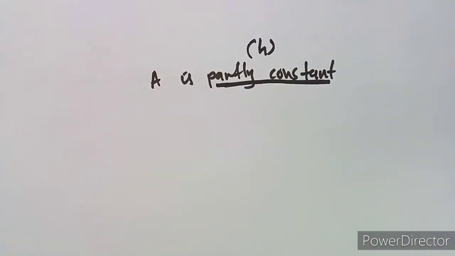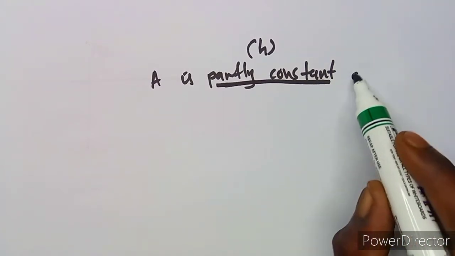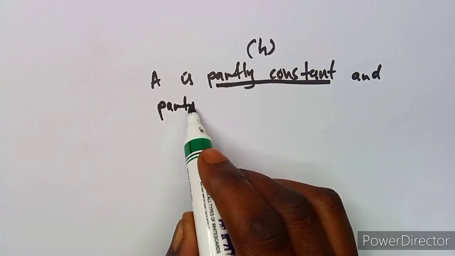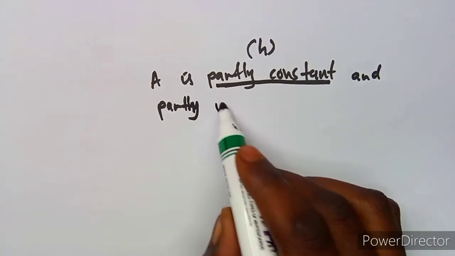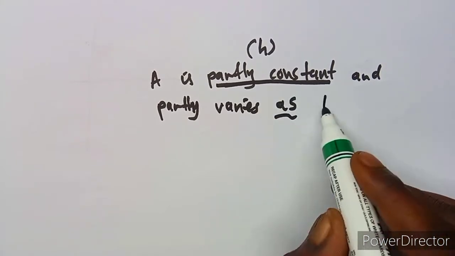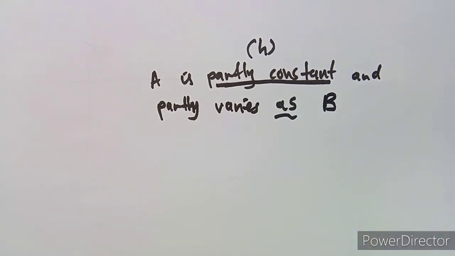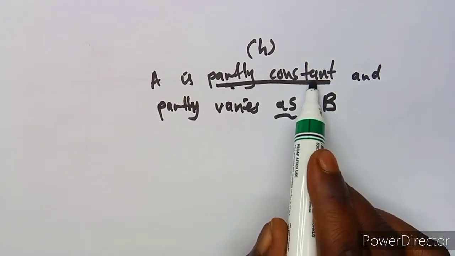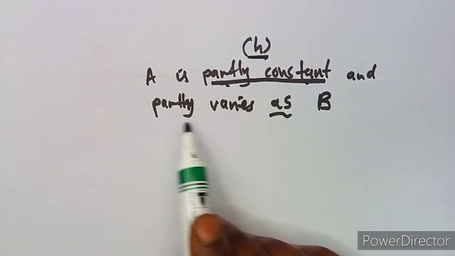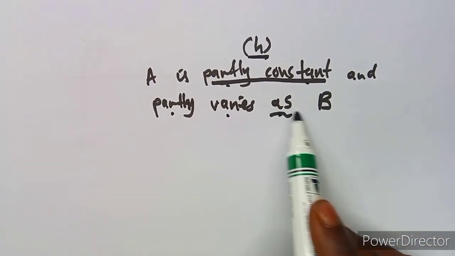That is just a is partly constant, but it can be and partly varies as b. I want you to see the difference here. Partly constant is just a constant alone, and partly varies as b.